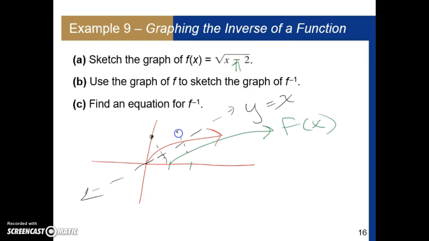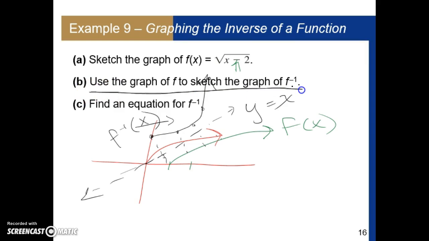So this point is going to go here, and this point is going to go here. This point is going to go here. So the graph of f inverse is going to look like this. So there's the graph of f inverse of x. So they are perfect picture reflections of one another over the line y equals x.